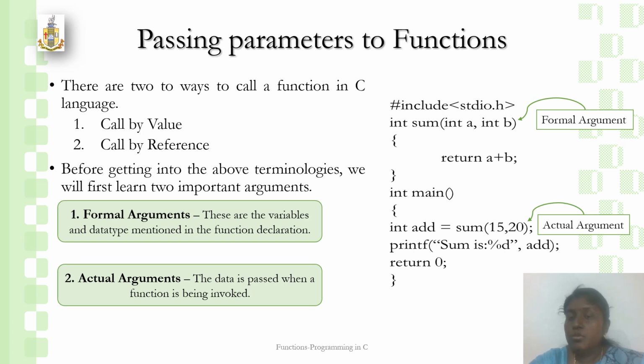So a will take the value 15 and b will take the value 20, and it will return both values added as 35. The actual argument is where the testing occurs, and the formal is actually the prototype. We can call it that way.